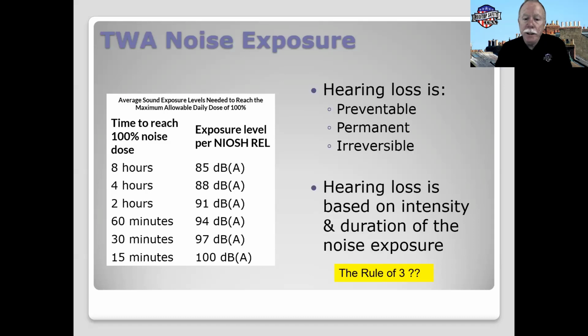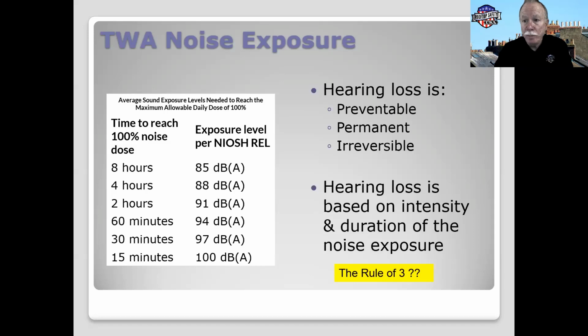When the noise level goes up 3 decibels, the exposure limit or exposure time must be cut in half. So you can see 8 hours is permitted at 85 decibels. When the noise level goes up to 88, the permissible level is cut in half down to 4 hours.